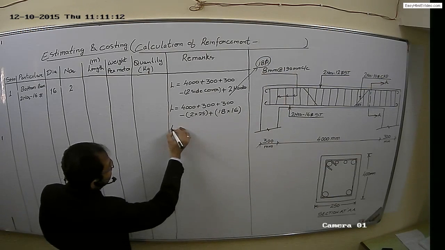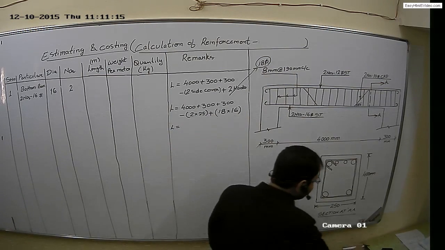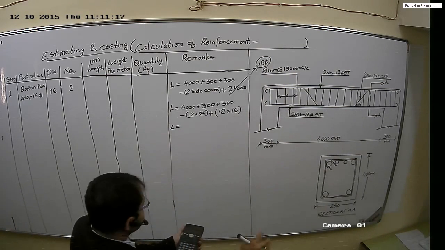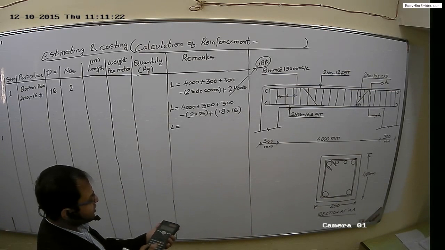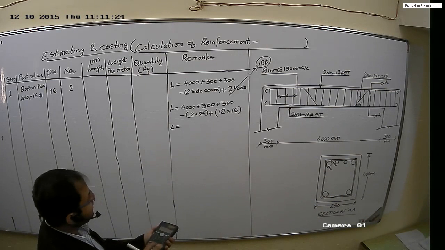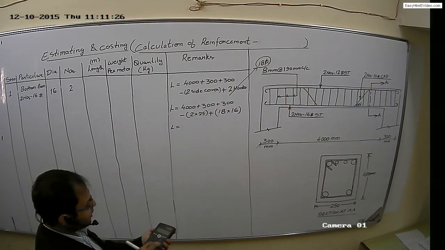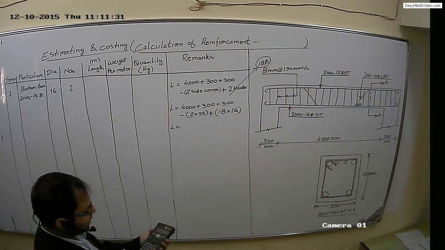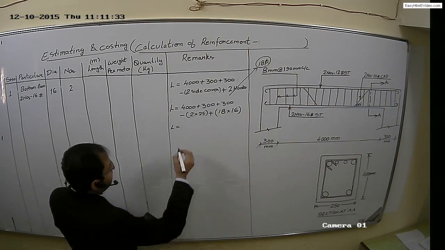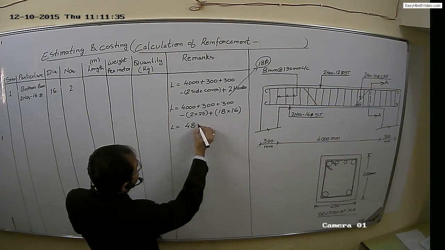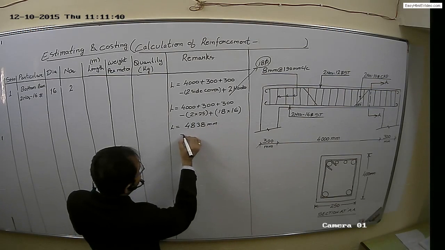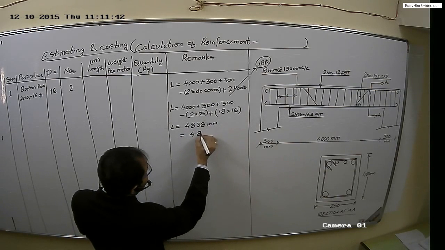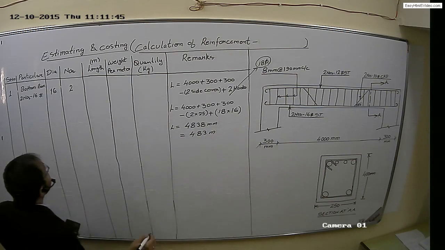So length will be, just use calculator for that, 4000 plus 300 minus 2 into 25, then plus 18.5 into 16, which comes out to be 4838 mm, or we can say 4.83 meter.